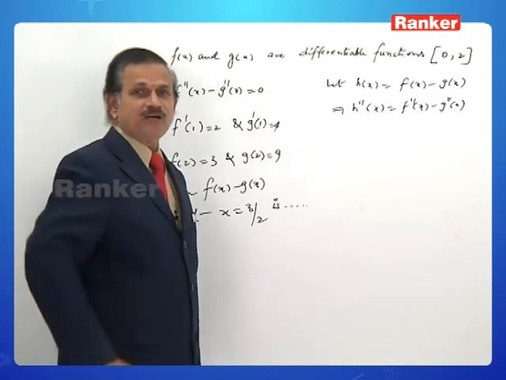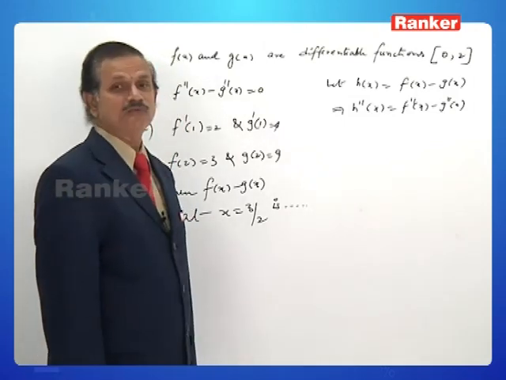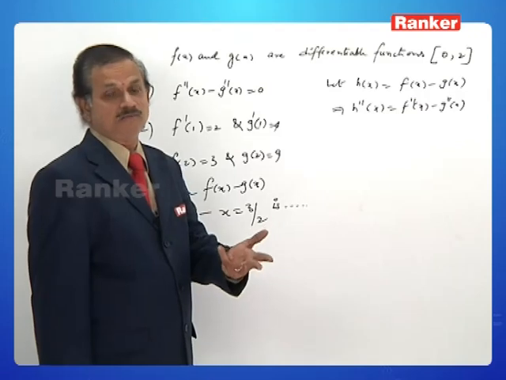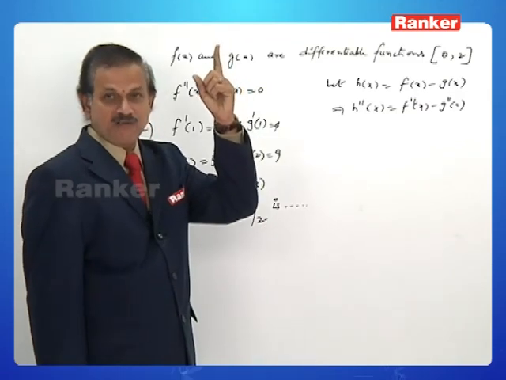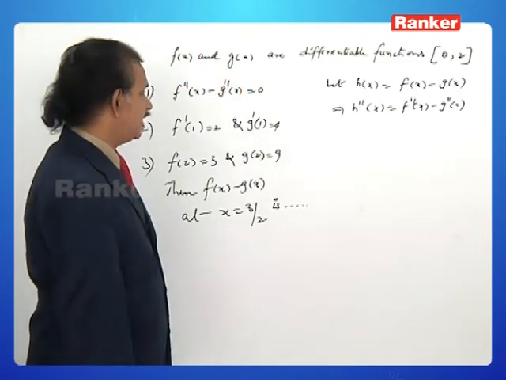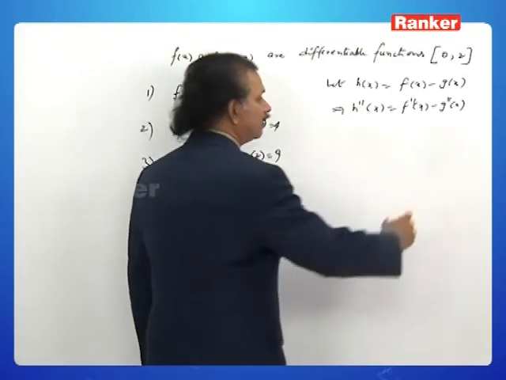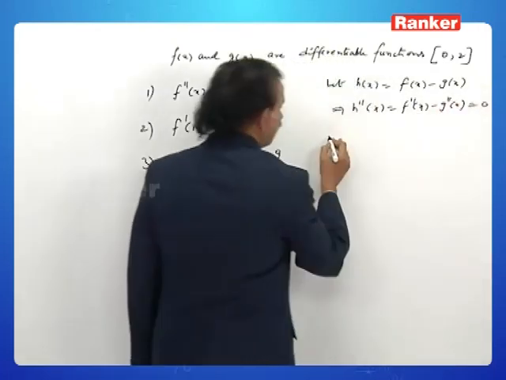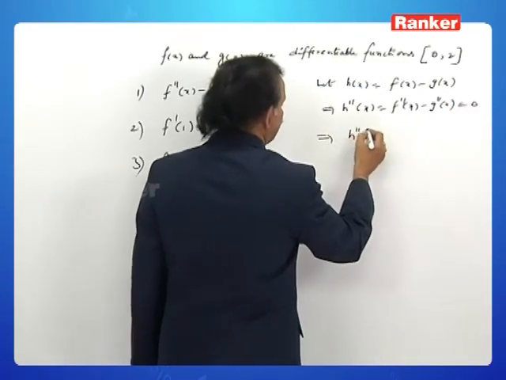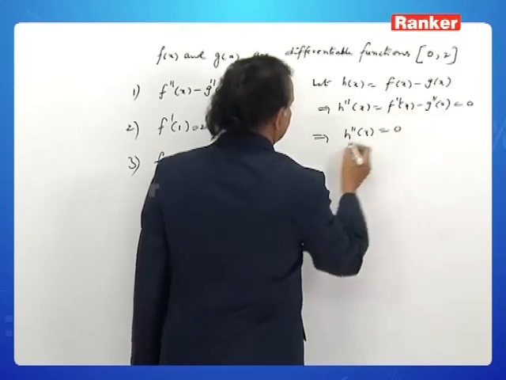See, as f and g are differentiable, f minus g is also differentiable twice also by the algebra of derivatives in the differentiation chapter. Okay then, but you see, f dash x minus g dash x is given to be 0. Implies h double dash x is equal to 0.